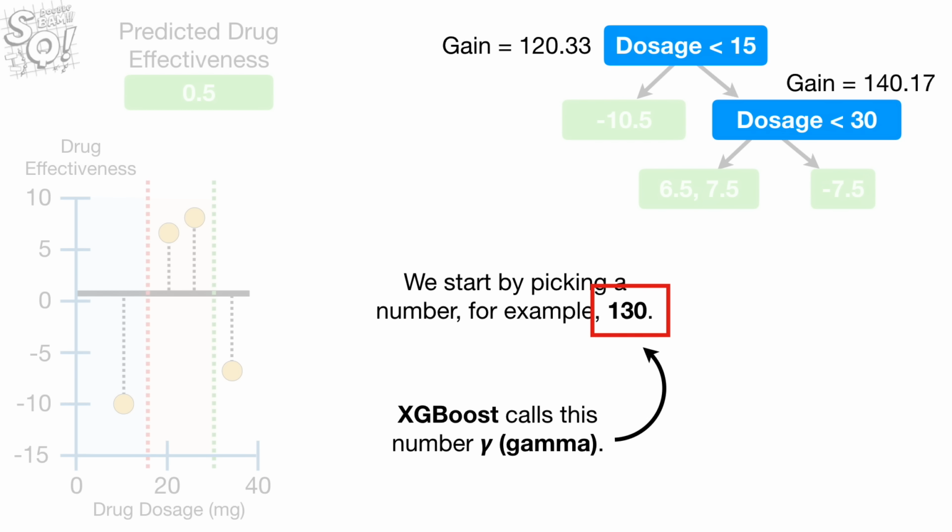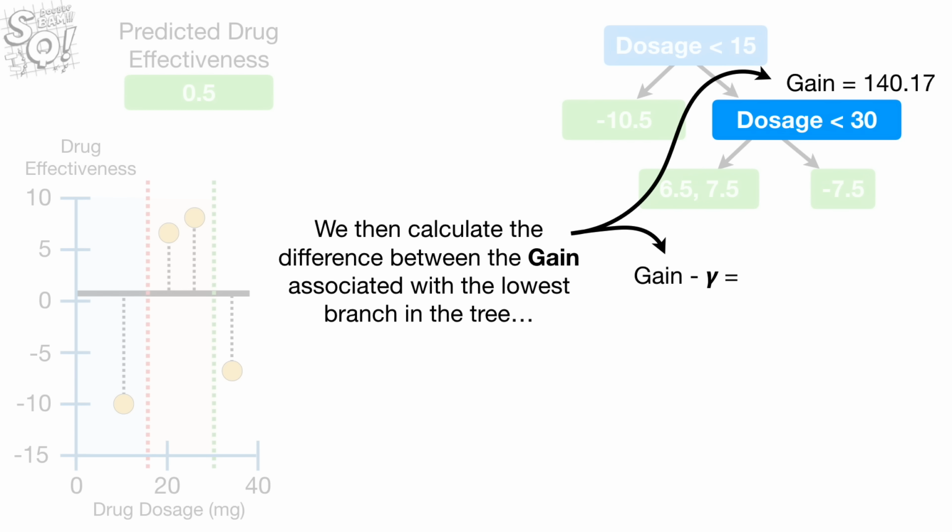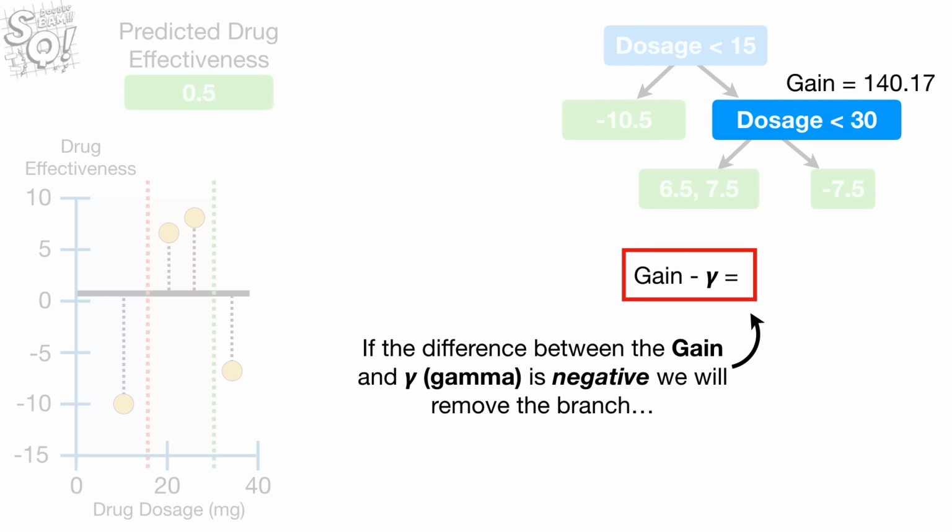Oh no, it's the dreaded terminology alert. XGBoost calls this number gamma. We then calculate the difference between the gain associated with the lowest branch in the tree and the value for gamma. If the difference between the gain and gamma is negative, we will remove the branch.